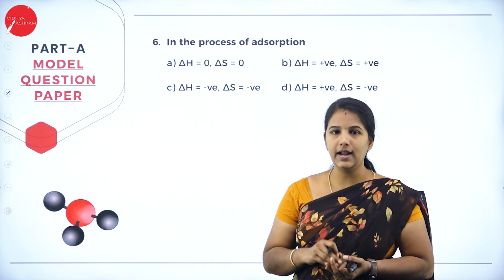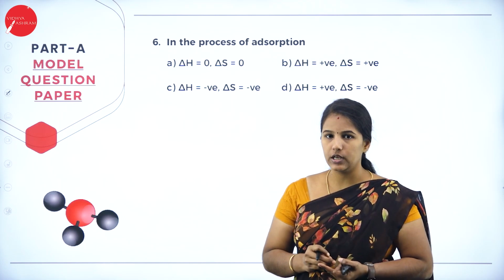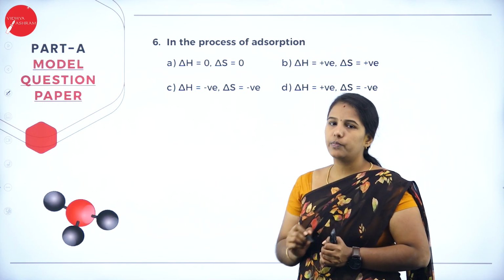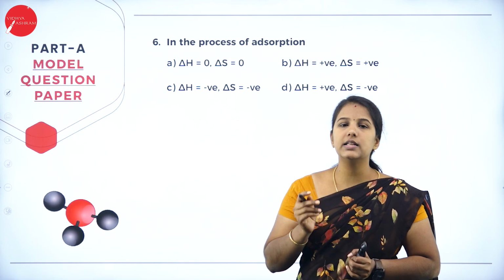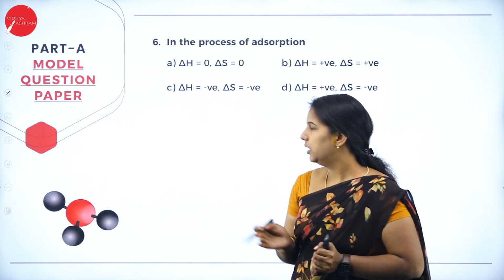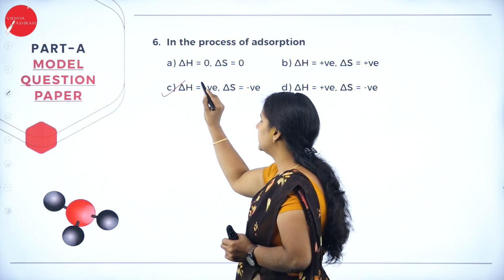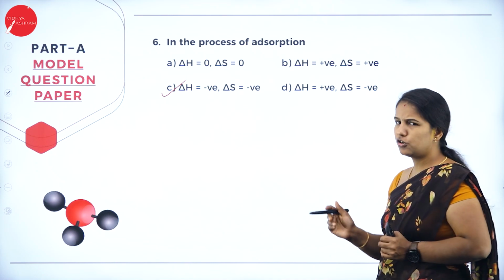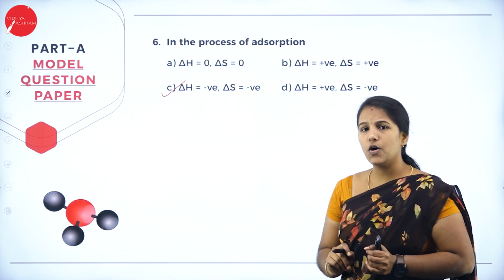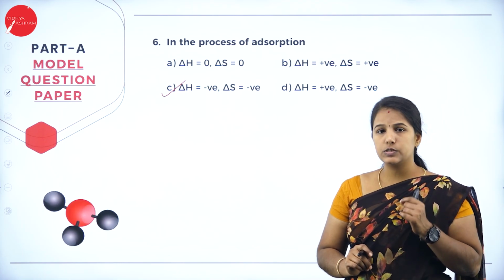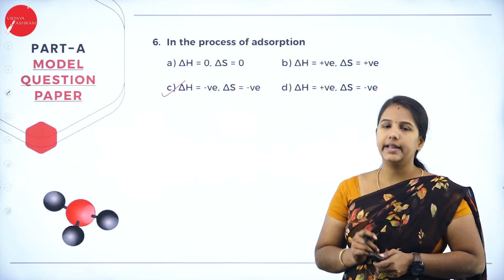We must know that along with the free energy change. So during adsorption, both enthalpy and entropy are going to change and become negative if it is a spontaneous reaction. So I'll choose that the change in enthalpy and entropy will be negative. It should not be positive. If it is positive, then the reaction would be non-spontaneous. If it is spontaneous, it should be negative.